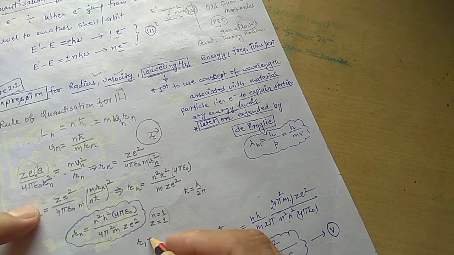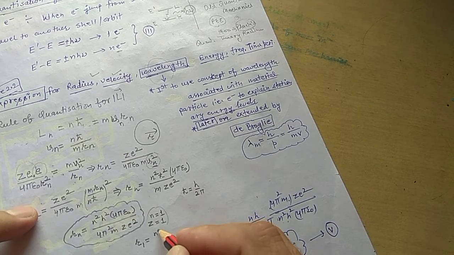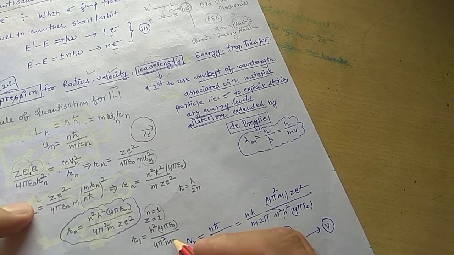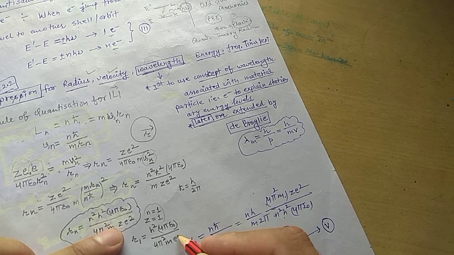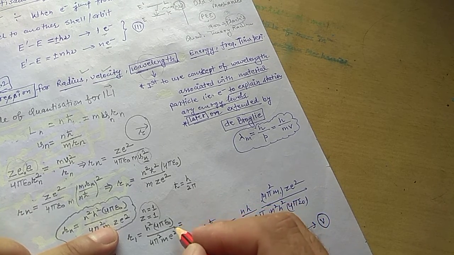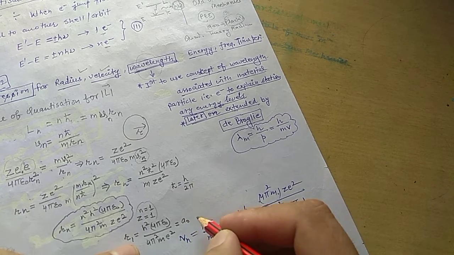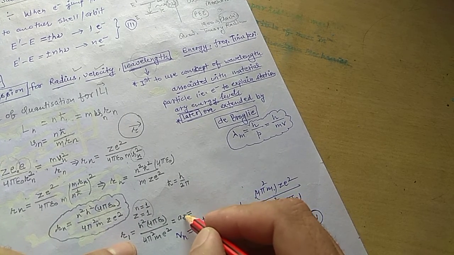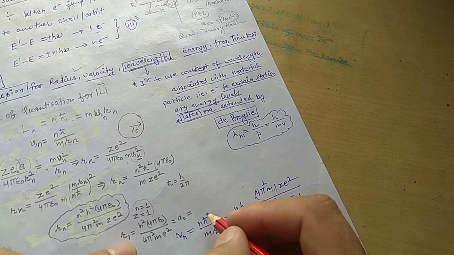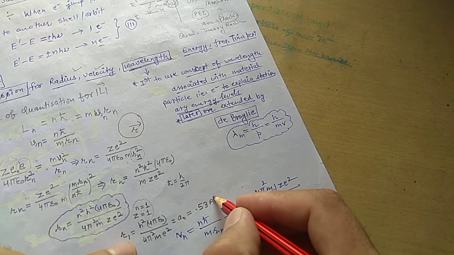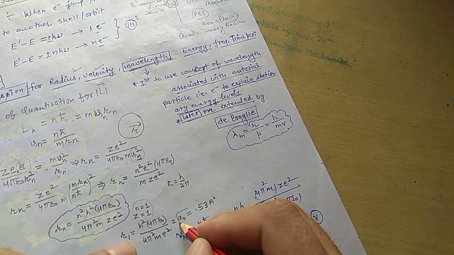So r1 will be equal to h square 4 pi epsilon node divided by 4 pi square m, and Z is 1 here, and e square. You can see this is a constant, and this constant is a node. We call it the first Bohr radius, and its value comes out to be 0.53 angstrom. So you need to remember this thing.